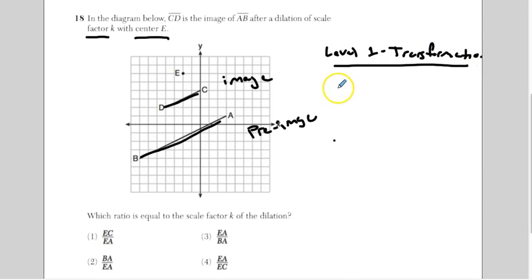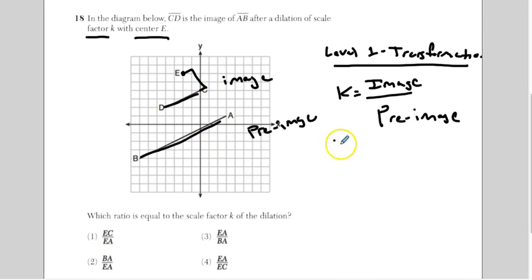And what we know is this. We know our scale factor is always equal to the distance to the image over the distance to the pre-image. And what that means is this. You want to look at the distance from the center of dilation to the image over the center of dilation to the pre-image.